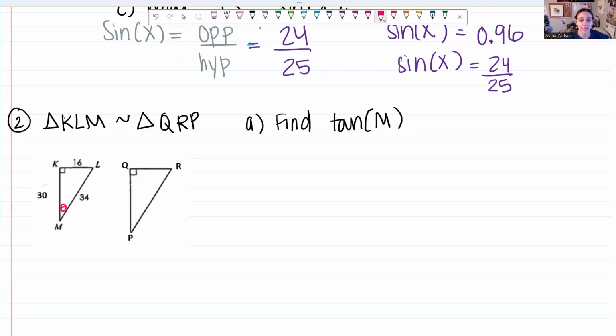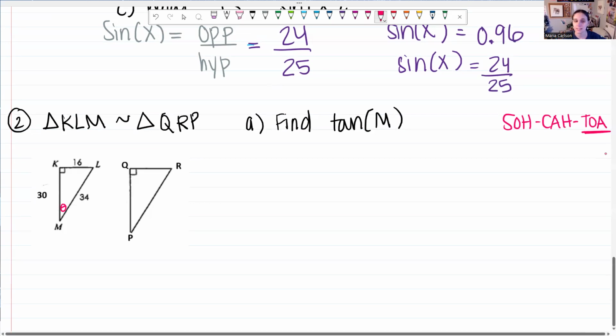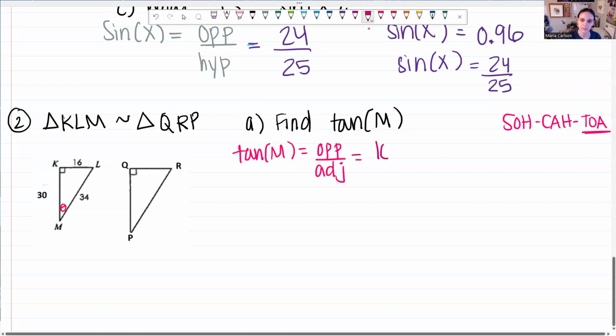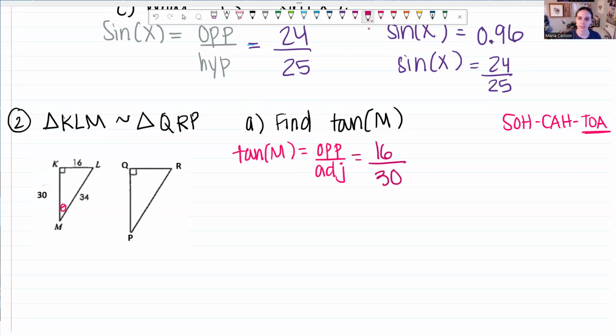If I'm going to find the tangent, tangent of M is going to be the opposite over the adjacent. The opposite side from angle M is 16, over the adjacent side, which is 30.